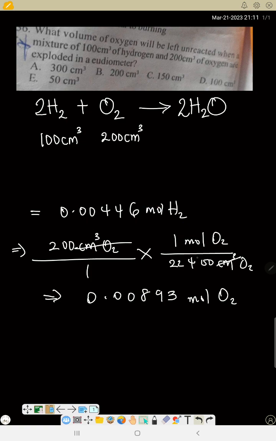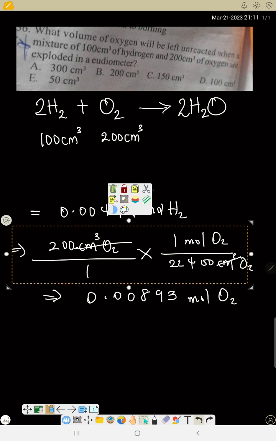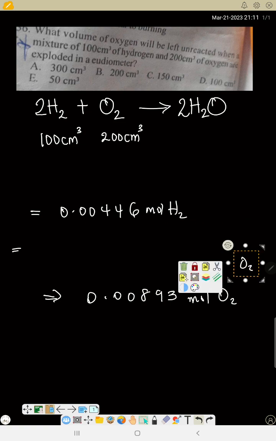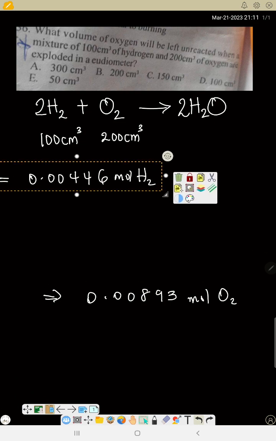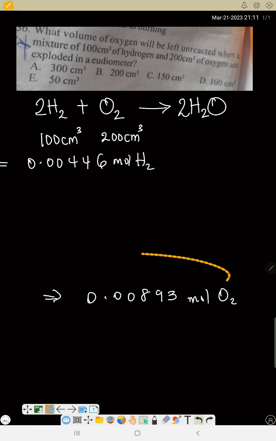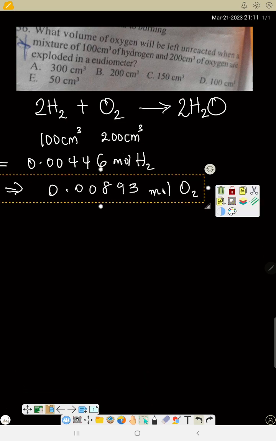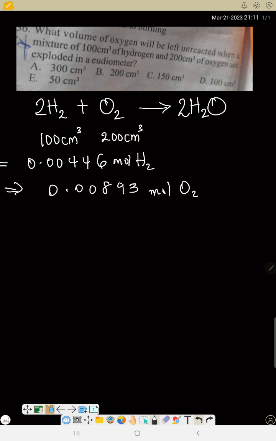Now we need these two here so that you can see what I want to do. To know the limiting reactant, I've converted the two cm³ values to mole. So I will have this for hydrogen, and this for oxygen. Now what is the coefficient of hydrogen here? 2. So divide this number of mole by 2, equals what?